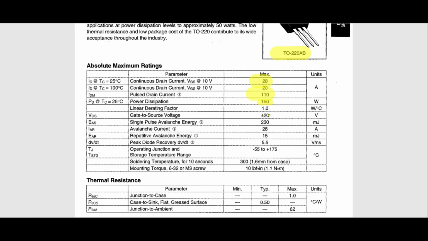Power dissipation is 150 watts. VGS, the gate source voltage that you would apply, is plus or minus 20, but normally we apply plus 15 volts for it to turn on, and minus 8 volts for it to turn off, to remove the charges in the gate capacitor.